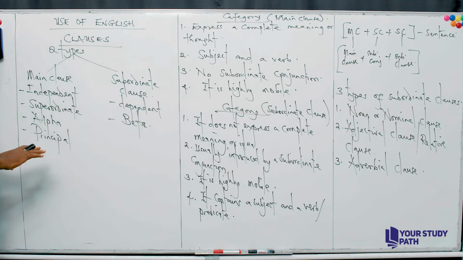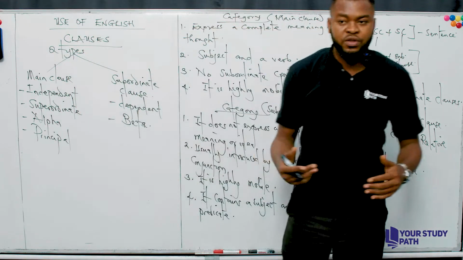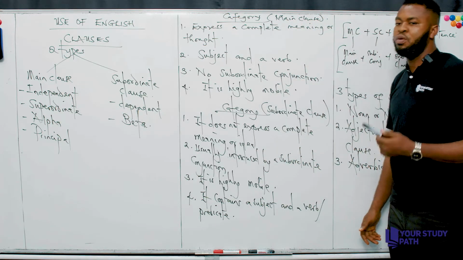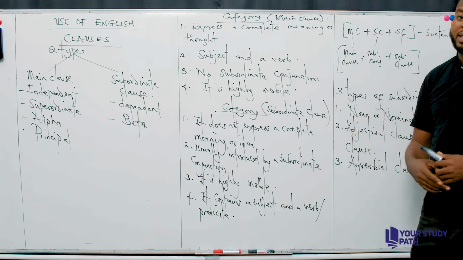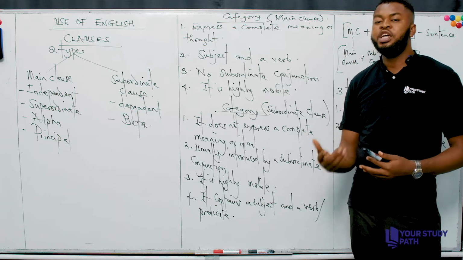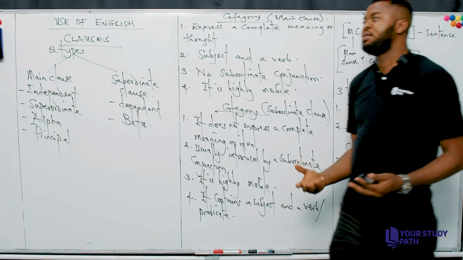I've given a simplified explanation of what a clause represents at the very, very basic. So what we're moving into now is to take the noun clause as an example. Then after which I'll give you a drill to attempt in order to enhance your understanding.